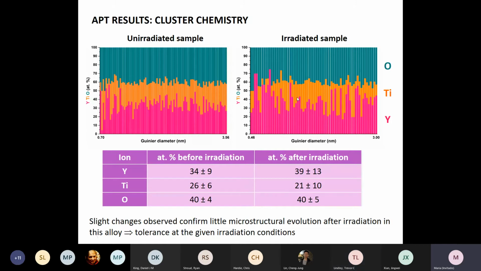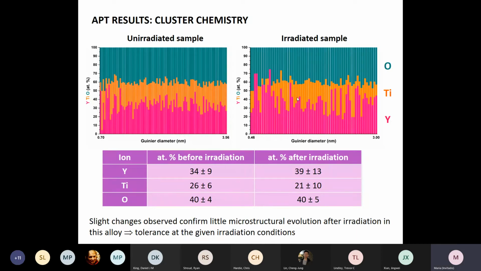So at least up to this point, we can say that there's a tolerance of this alloy at the given irradiation conditions. And we just looked at one specific irradiation condition.